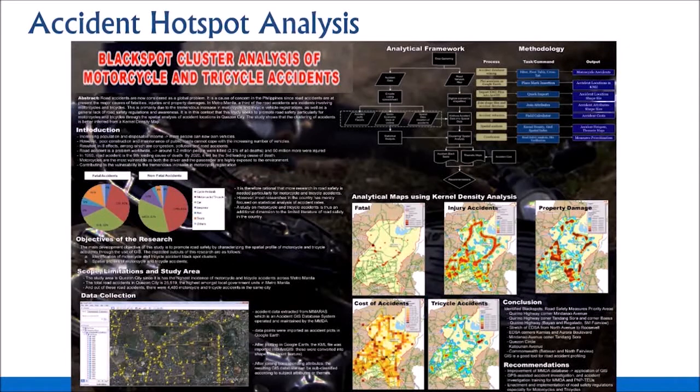And we have here the resulting figures for the fatal, injury, and property damage accidents. And the red areas there represent where these different types of accidents are concentrated. So for example, for fatal accidents, you can easily see that Commonwealth Avenue is one of the most dangerous streets or avenues in Quezon City.